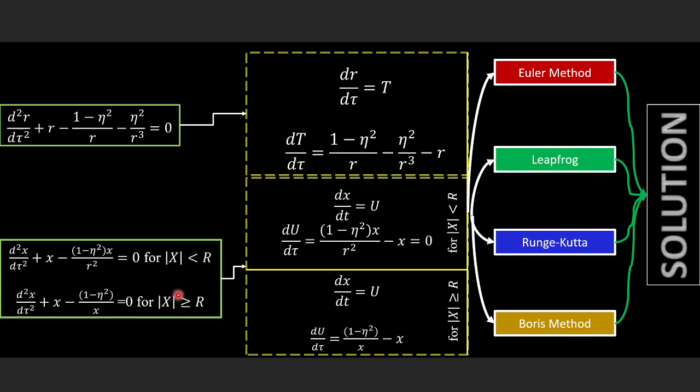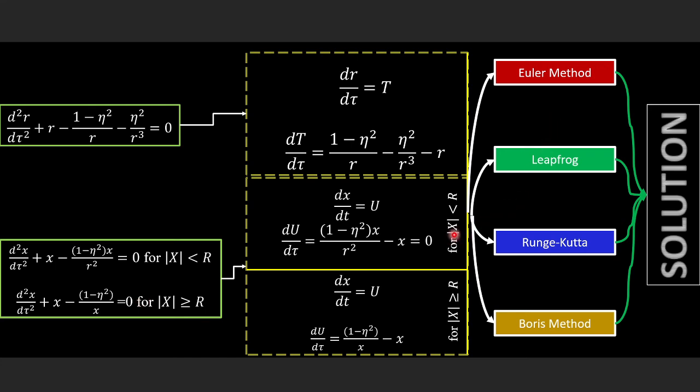The only problem is you have to solve them in different regimes, that is, when the particle is within the core and when the particle is outside the core, and you can do this very easily by using an if condition in the loop.